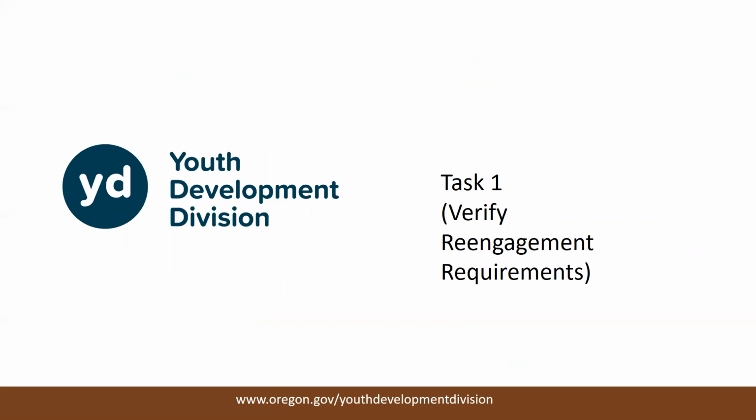And then in task 2, you'll be asked for some program or organization information, and then you'll be given the evaluation items or the application questions. And so what we'll do now is we'll use task 1 to break out some of the re-engagement requirements and talk more about the re-engagement collaborative grant concept.